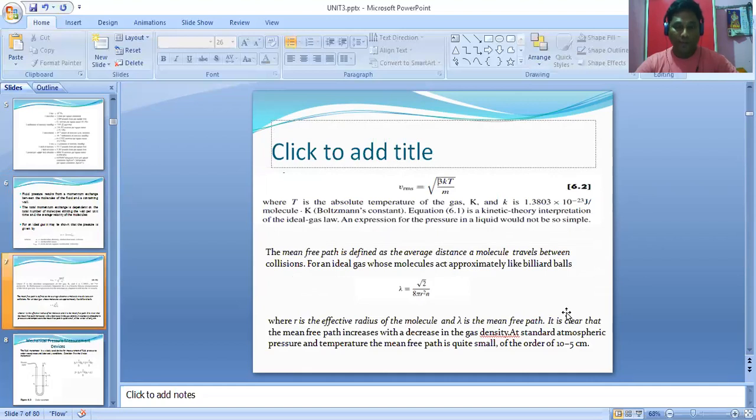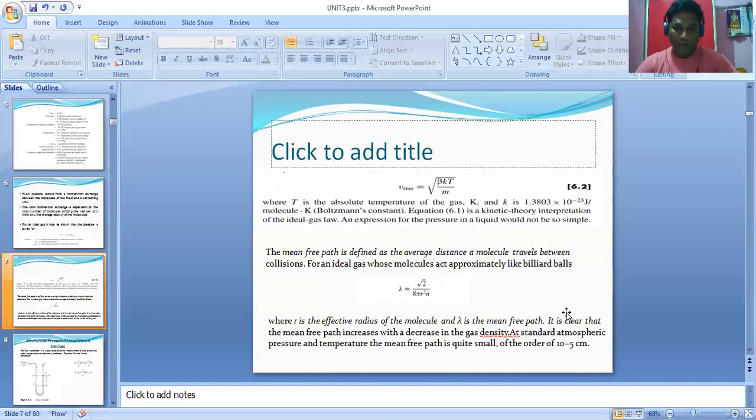The mean free path is defined as the average distance a molecule travels between collisions for an ideal gas whose molecules act approximately like a billiard ball, that is, lambda is equal to root 2 divided by 8 by r squared n, where r is the effective radius of the molecule and lambda is the mean free path.